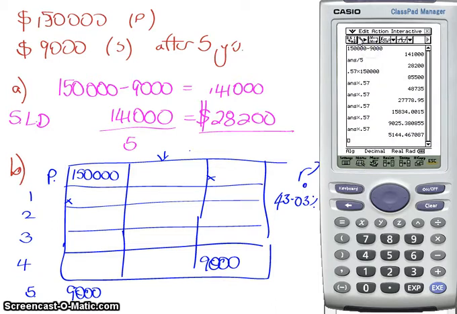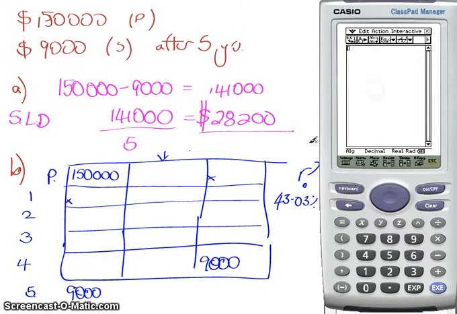So I'm going to go back to my main screen. I'll just clear this out. I'm starting with 150,000 and I lose 43.03%. So that means the amount that I lose is 64,545, which is going to leave me with $85,455.